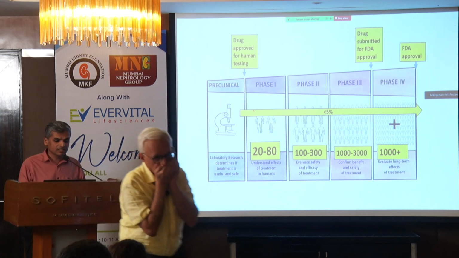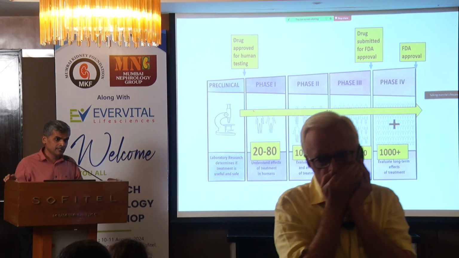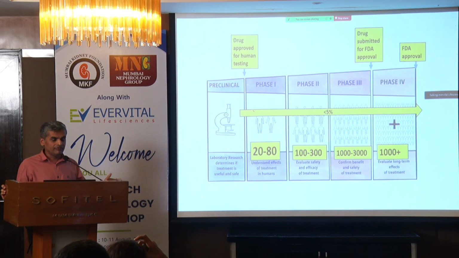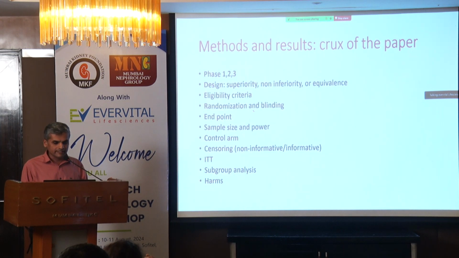You can see here that only 5% of the drugs make it from phase 1 preclinical to FDA approval, and most of them are not able to get there. A drug failing at phase 3 is a financial disaster because millions of dollars will be spent in phase 1 and 2, and it's very important that these stages are very carefully conducted, to avoid this.